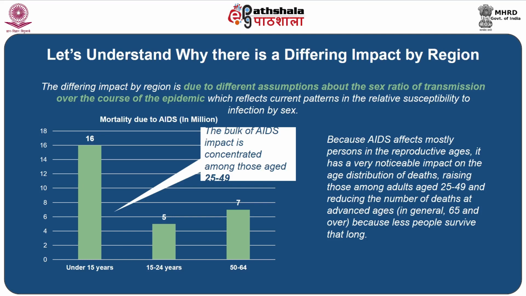There is also some excess mortality among younger age groups, that is 16 million deaths under the age of 15 and nearly 5 million among those aged 15 to 24, and among those aged 50 to 64, which is 7 million, but the bulk of the AIDS impact is concentrated among the ages of 25 to 49.